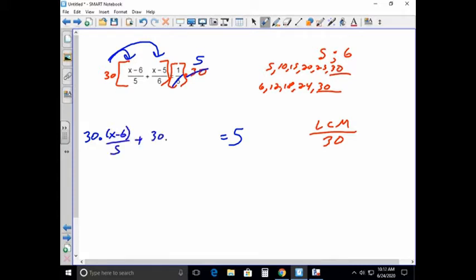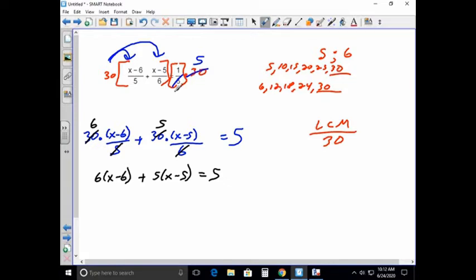And we're going to do 30 times x minus 5 over 6. So for the first one, 5 goes into 30 6 times. For the next one, 6 goes into 30 5 times. So now we have a new equation that doesn't have fractions in it.